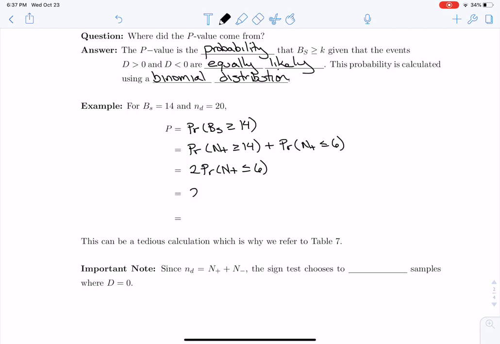So that's 2 times, and now we're going to apply the binomial distribution, the sum from k equals 0 to 6 of 20 choose k times 0.5 to the k times 0.5 to the 20 minus k.